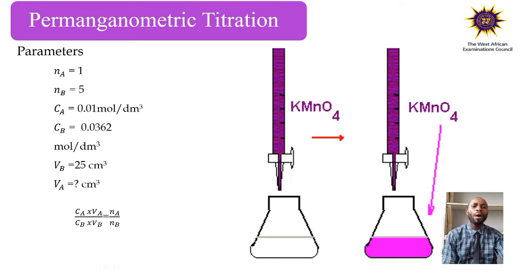The volume of A is going to give us 18.10 centimeter cube, approximately to 3 significant figures. So our expected volume of acid to be used, if for instance they ask us to use KMnO4 in the burette, is going to be about 18.10 centimeter cube. So your value should be lying between 18 centimeter cube and 18.5 centimeter cube, if you have a good chemical from the start.